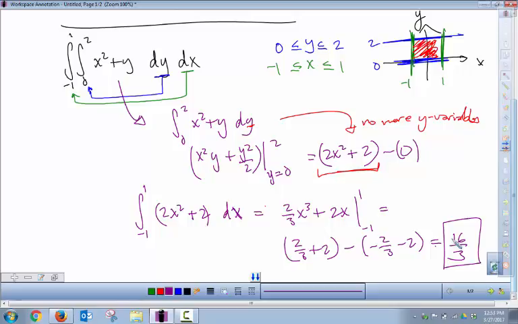So this is nice if it's a constant region. Let's do another example.